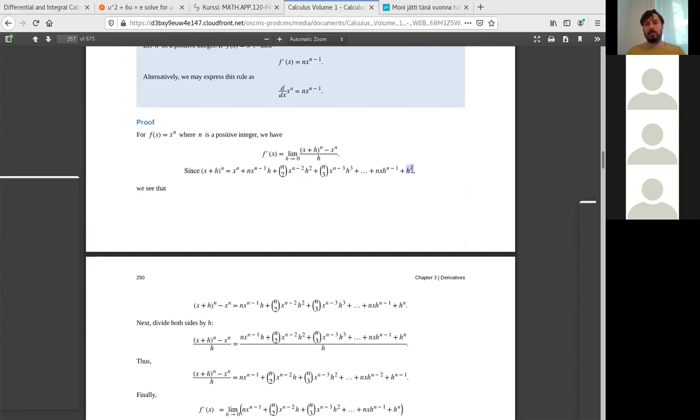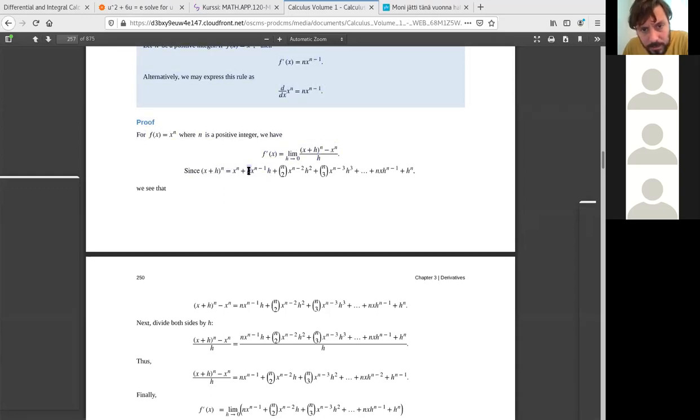And the last term here is h to the n. So that's the binomial formula. And if we then use this to eliminate the h, we notice that firstly, this subtraction is going to subtract this x to the n, so that's going to disappear. If we divide by h, this h disappears from here, right?